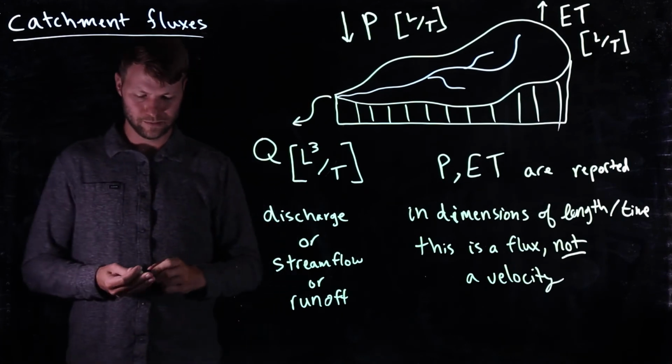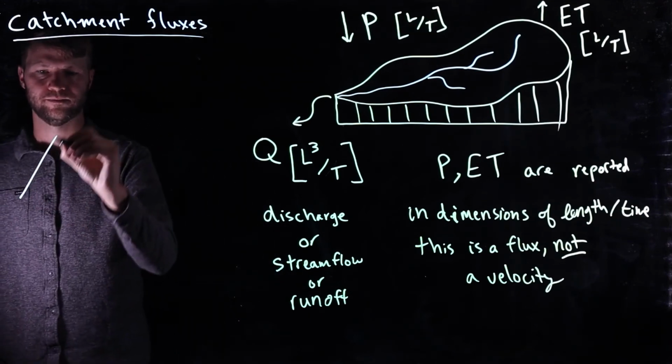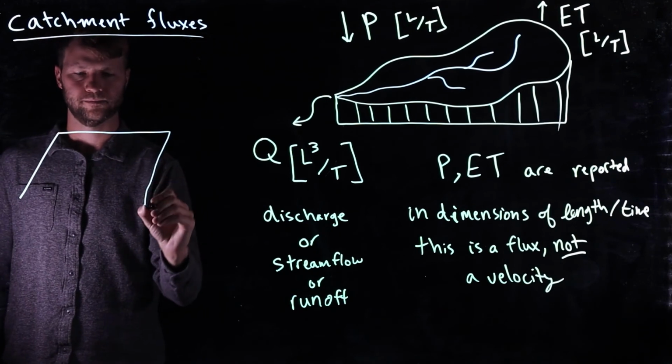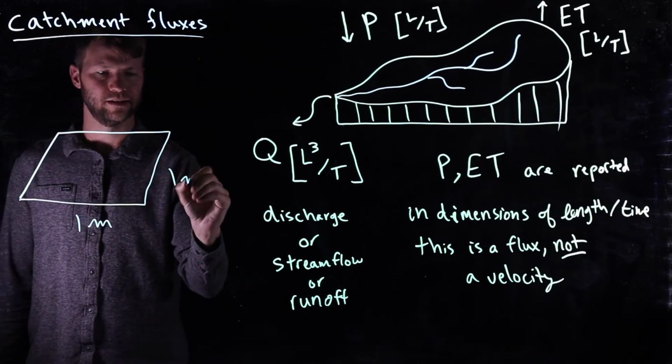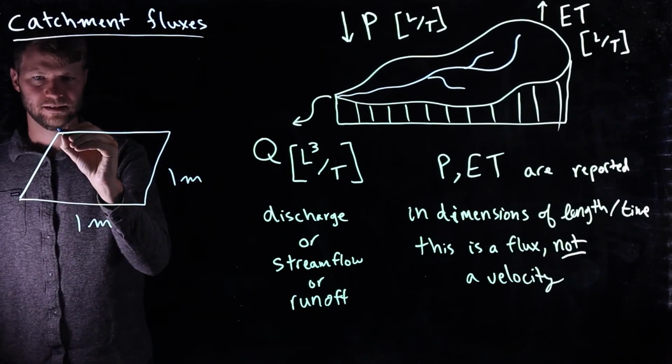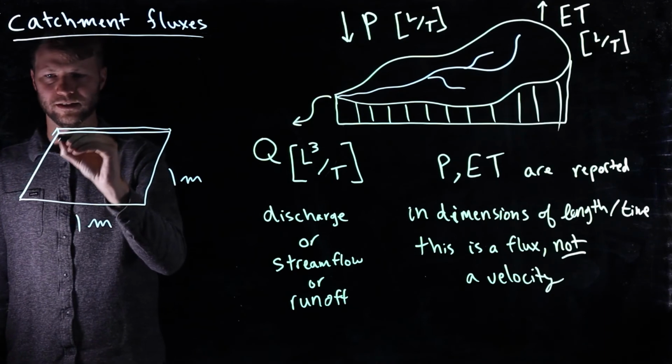So just to give you a little bit of intuition about that, consider some sort of unit area, so a square, that's 1 meter on a side and 1 meter on a side. And then consider a certain thickness of water that's distributed evenly over this square.